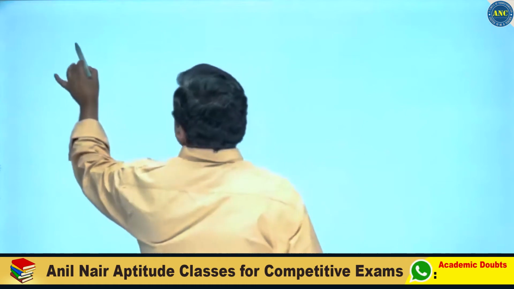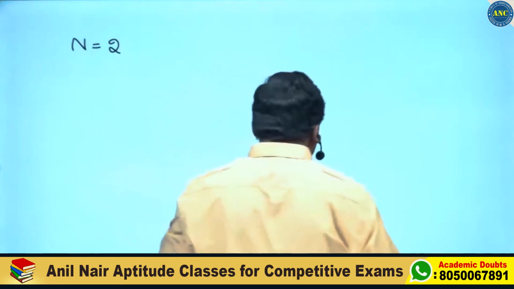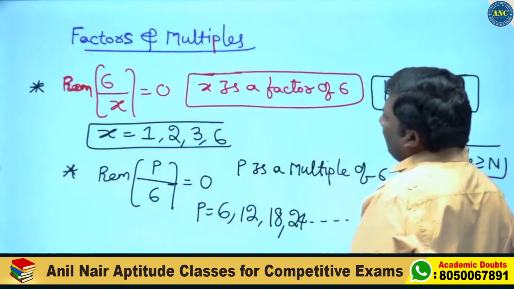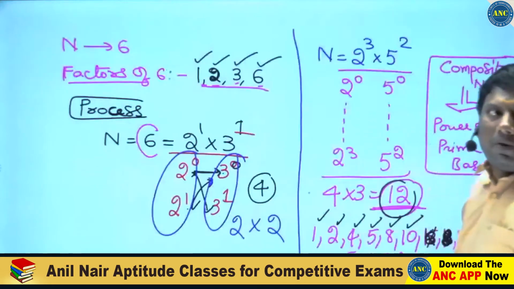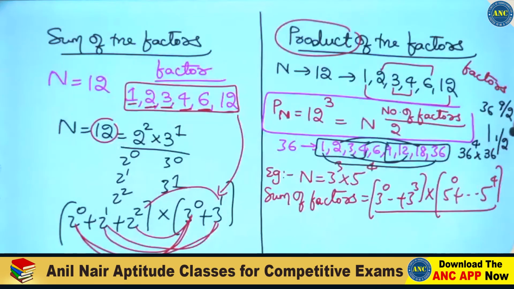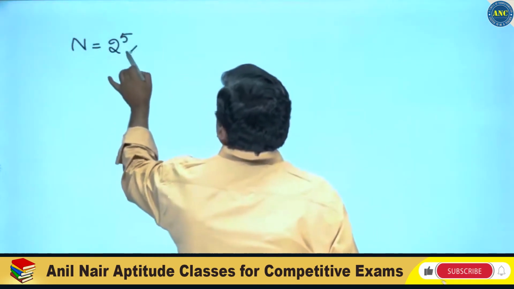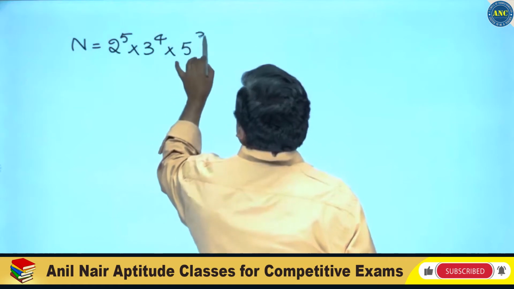So what is the given question? The given question is n equivalent to 2 power 5 into 3 power 4 into 5 power 3. The number is 2 power 5 into 3 power 4 into 5 power 3.